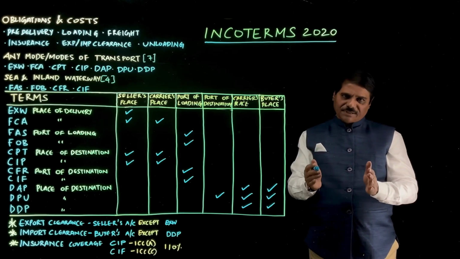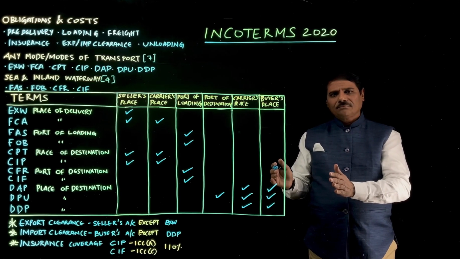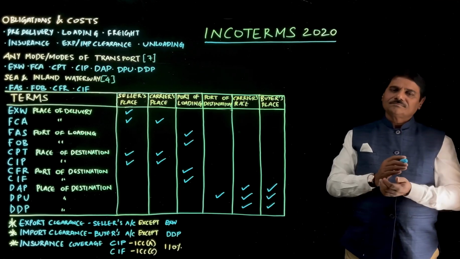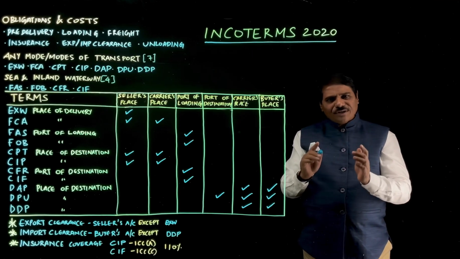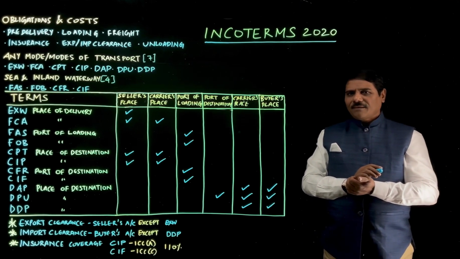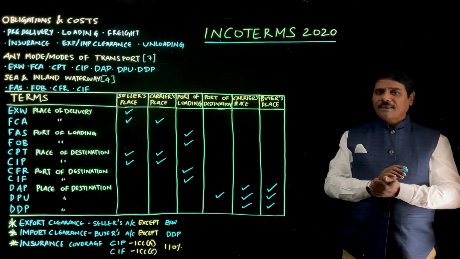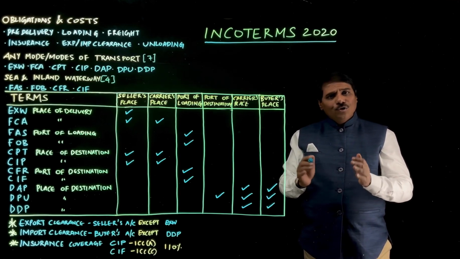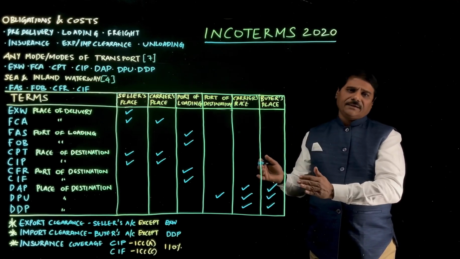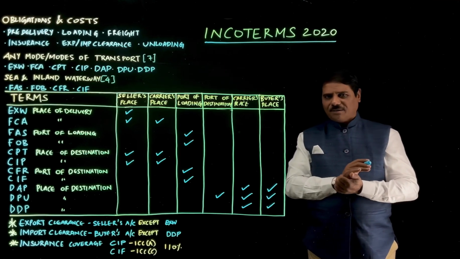Suppose you are shipping the goods through container and you are a shipper, you are giving a full container load, then you may stuff the goods in container in your warehouse or in your factory and deliver this container at container yard of the shipping company.